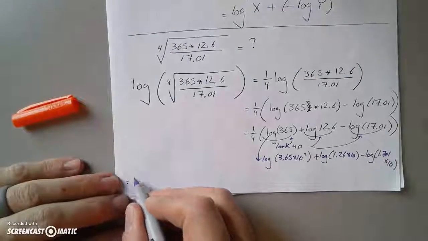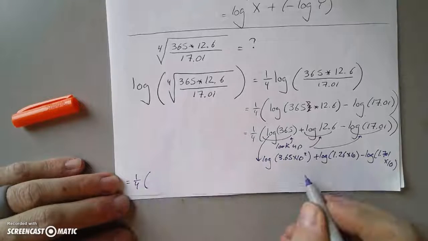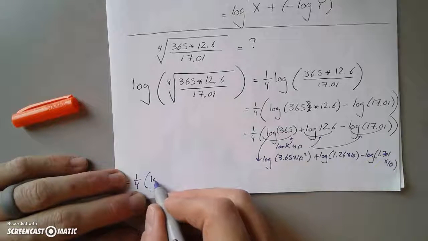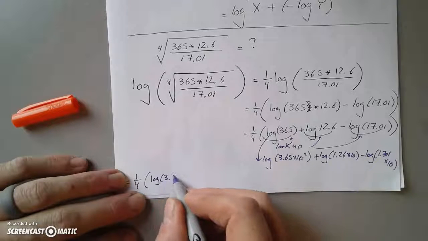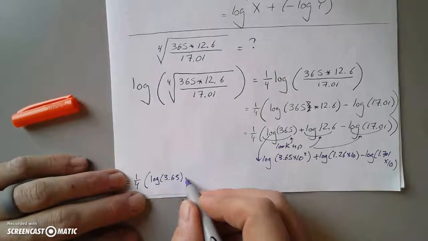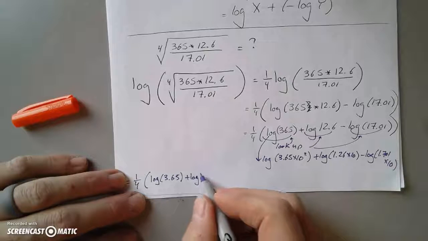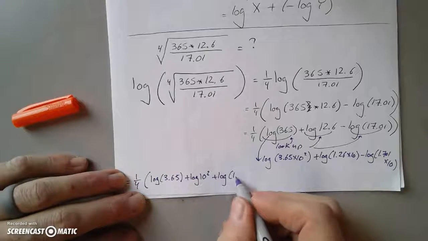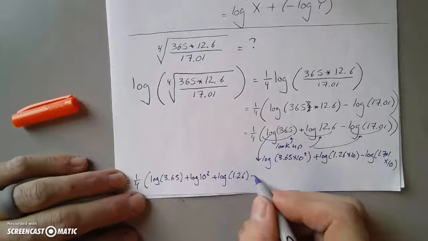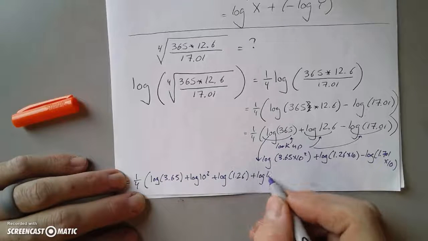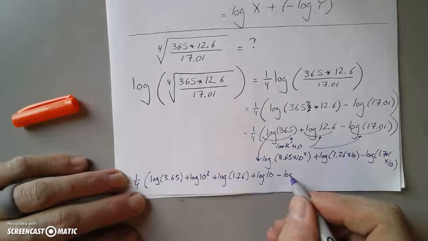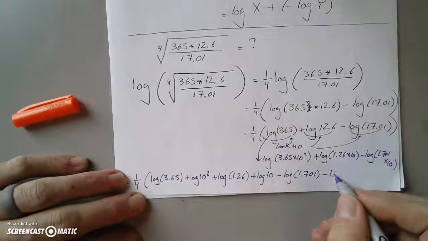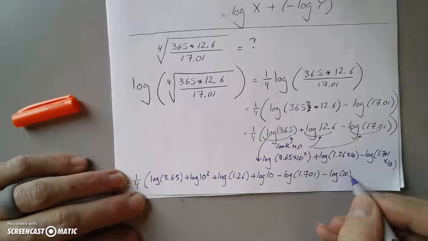So when it's all said and done, what do we have here? Well, we'd have log of 3.65 plus log of 10 squared plus log of 1.26 plus log of 10 minus log of 1.701 minus log of 10.